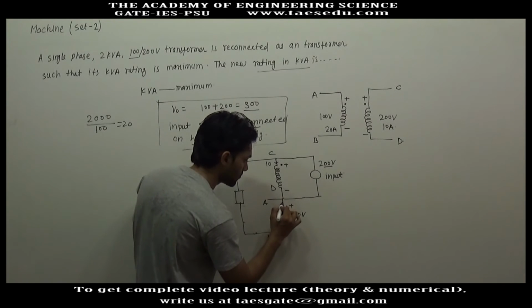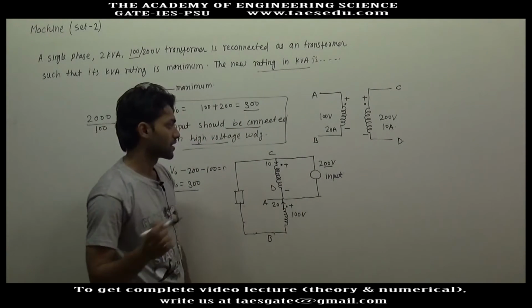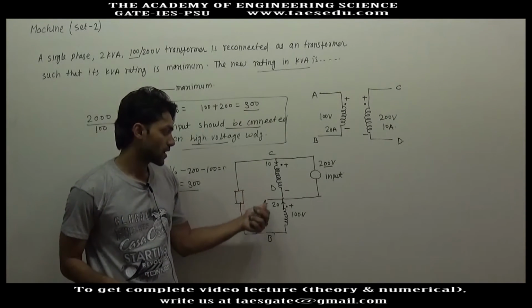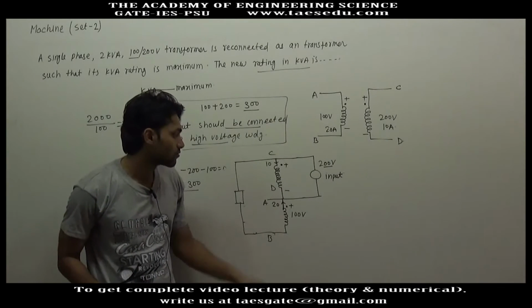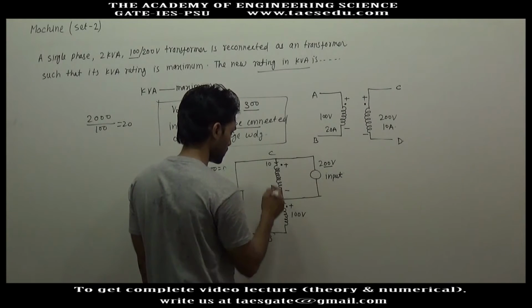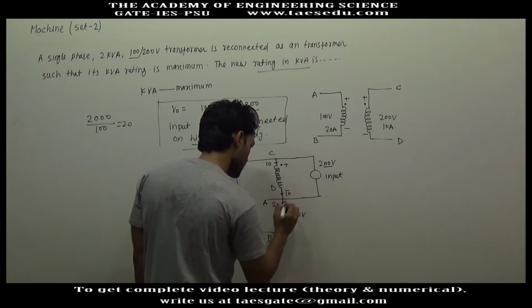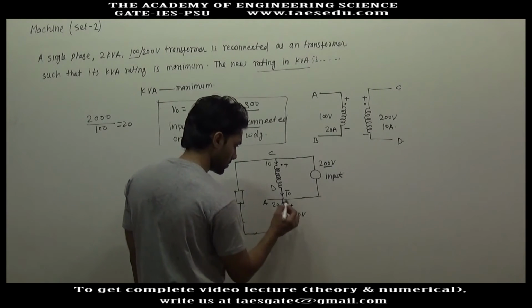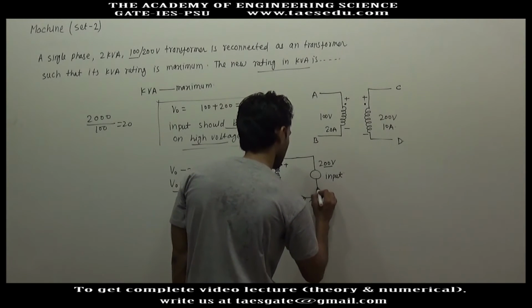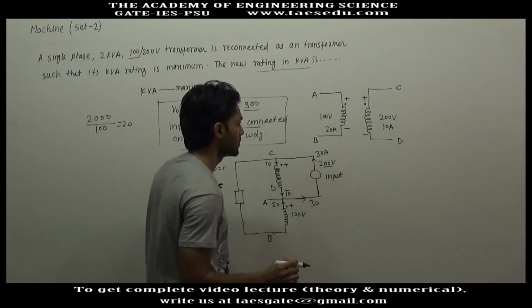So 20 ampere current will leave from this dot. If current is entering in the dot of one winding, the current will leave from the dot of other winding. So 10 ampere will come through this winding. This is 10 ampere and this is 20 ampere. So here current will be 30 ampere. This current is 30 ampere.